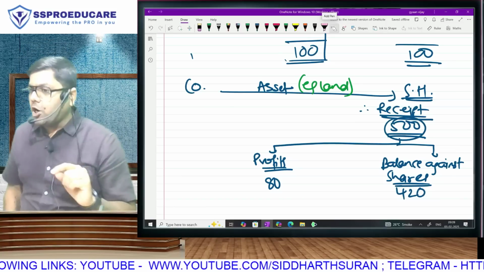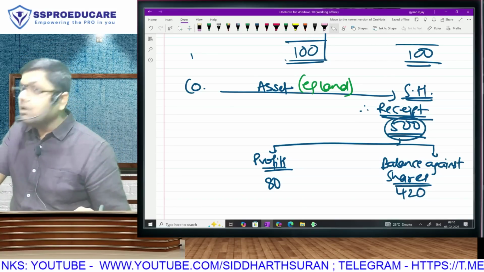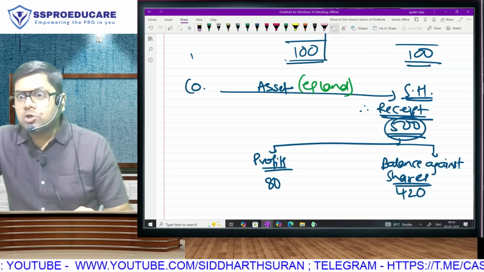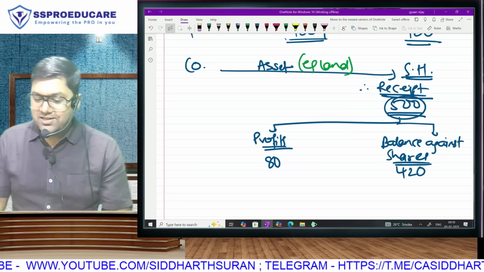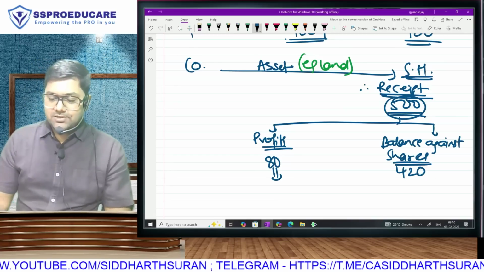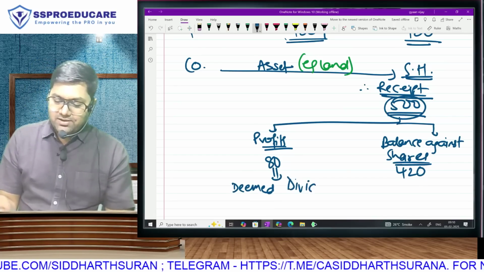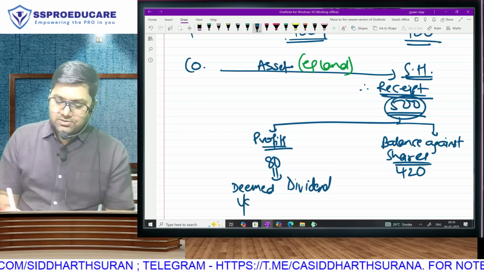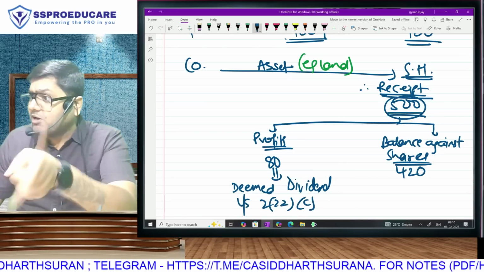Oh, no, sir, the land is worth 5 crore. Yes. You are getting that 80 also. And you have to pay tax on that 80 also. But that 80 is not the selling price of your shares. That 80 is distribution of profits. This is your deemed dividend under section 2(22). See, wait, is this 80 also taxable for the shareholder?